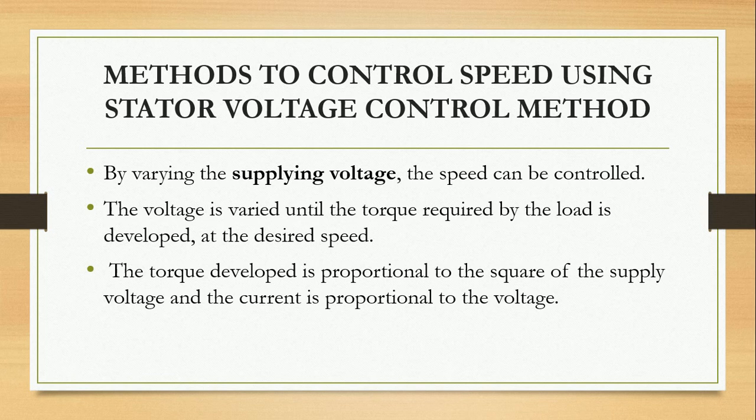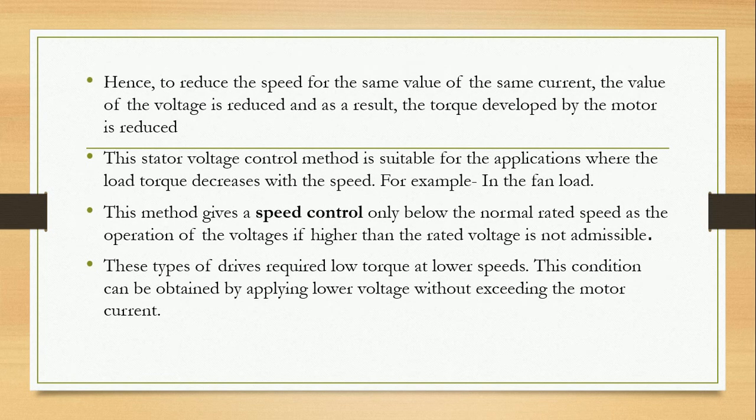The torque that is developed is proportional to the square of the supply voltage and current is proportional to the voltage. Hence, to reduce the speed for the same value of current, the value of the voltage is reduced and as a result, the torque developed by the motor is also reduced.